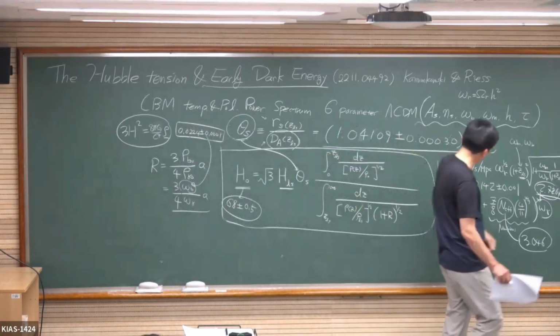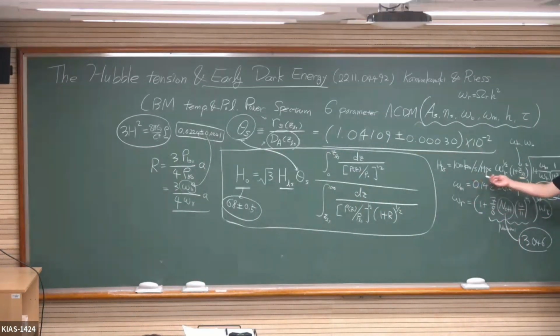Yes, because if you look at this, H_LS contains all these things, but then we have omega radiation. Can you change omega radiation? Yes, because you can change N effective. This ridiculous number of 3.046 came from particle theory, but we may have other relativistic species. Whenever you have some light particle moving so fast, it can be included there. You can have some dark radiation, for example.